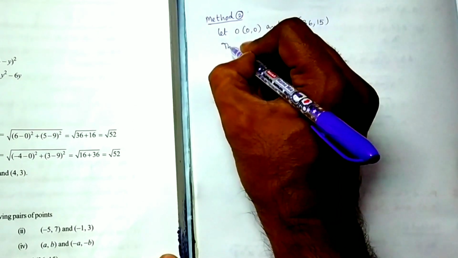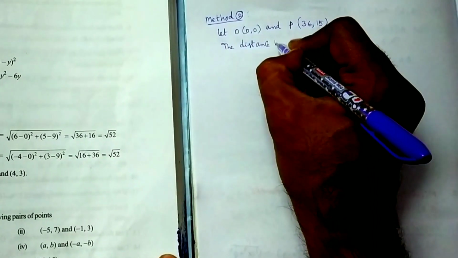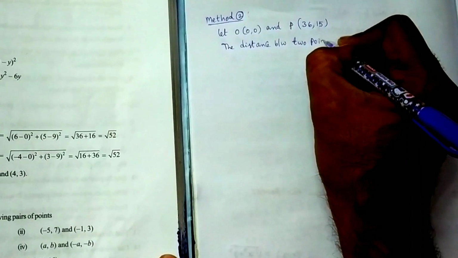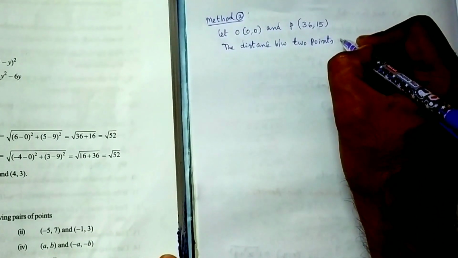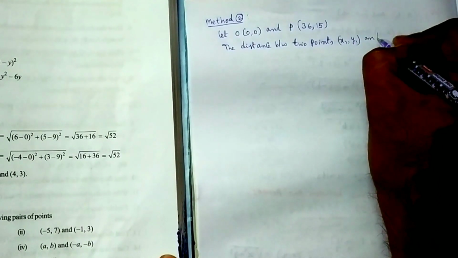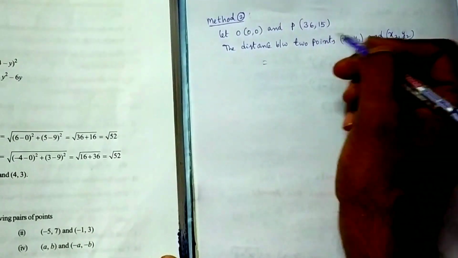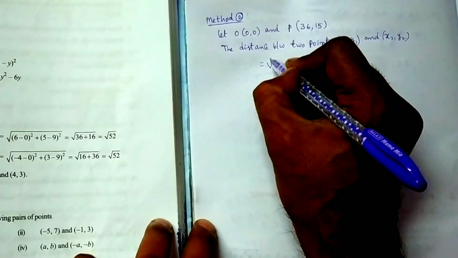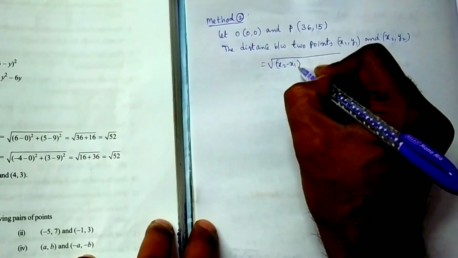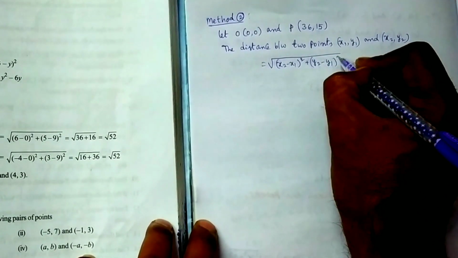The distance between 2 points, the 2 points are x1 y1 and x2 y2, is equal to square root of (x2 minus x1) whole square plus (y2 minus y1) whole square.